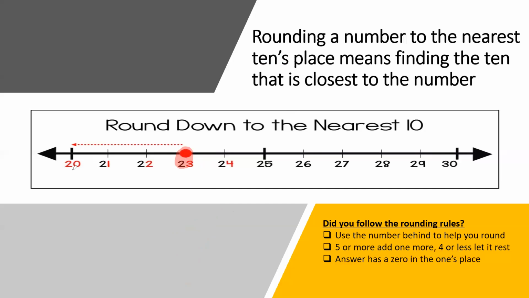So if there's a 0 in the ones place here, no 0, no 0, nope, nope, oh, there's our 0. All right. Now, is 23 closer to 20 or closer to 30? You can count and see. Or just look at it. 23 is way closer to 20. So if we were to round 23, it becomes 20.